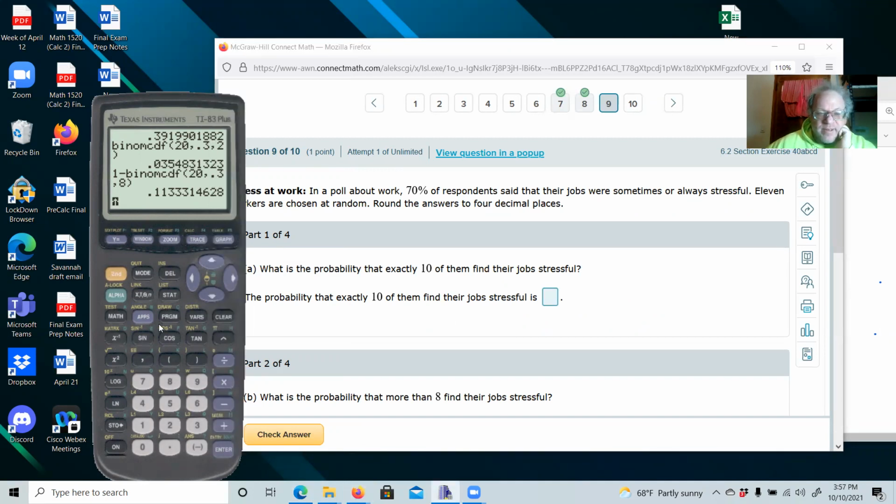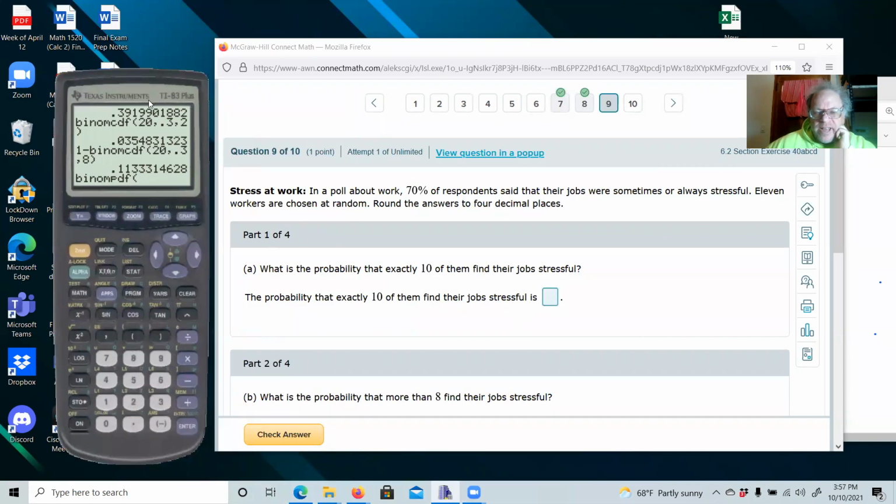Second function, distribution, binompdf, the probability density function, or particular, however you want to do it. We have 11 people here, my probability of success is 0.7, and we want 10. All right, about 9%.